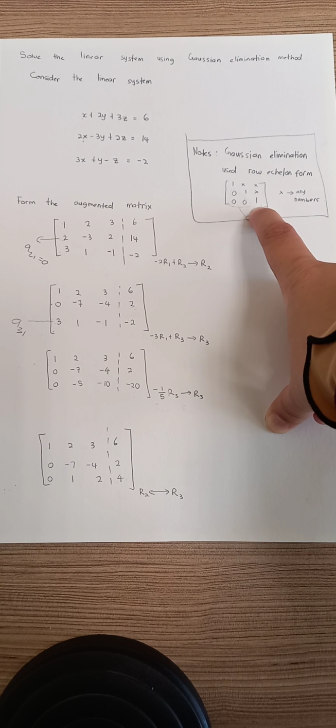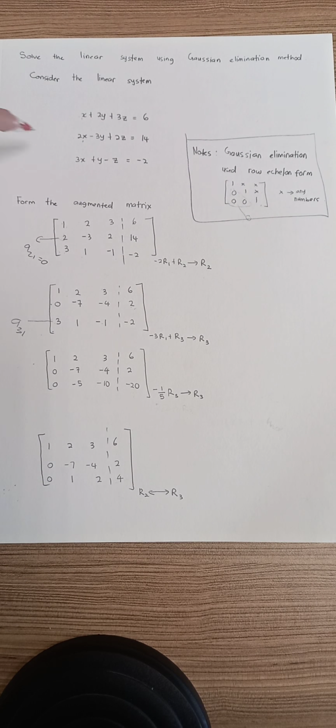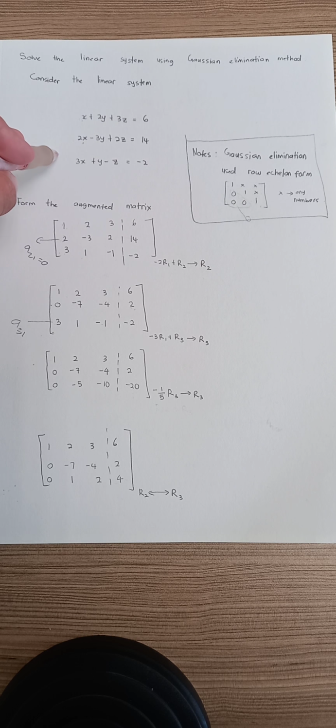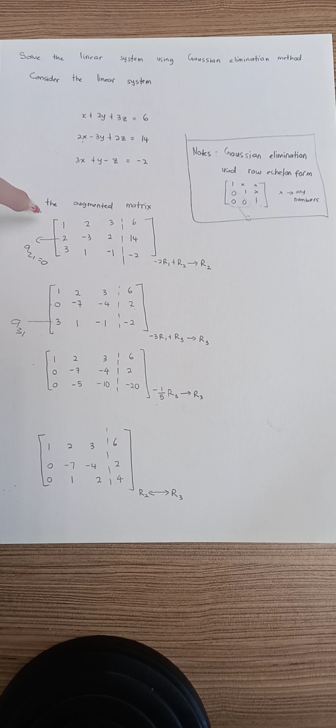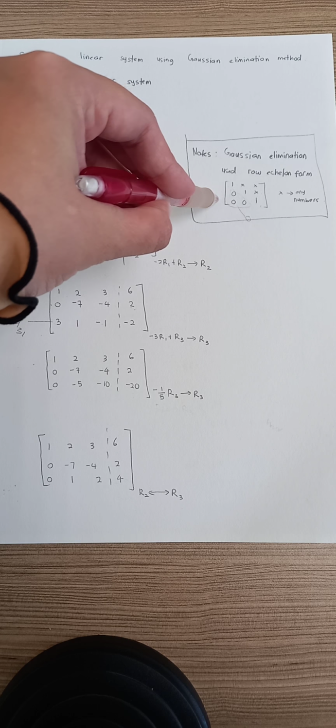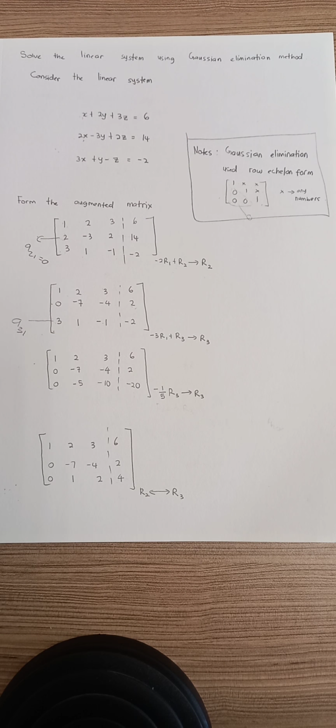Therefore, if we want to solve a system of linear equations using the Gauss elimination method, we must make sure the matrix that we transform from the system of linear equations is in this form. Is it clear?